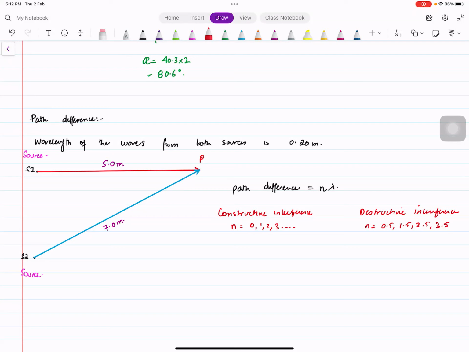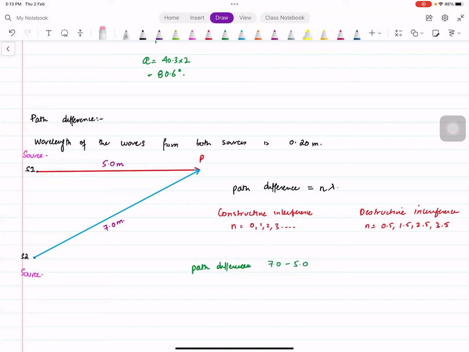Now, suppose in this question, if I want to see what happens at this point, first of all, I'm going to find the path difference. The path difference is equal to 7.0 minus 5.0.